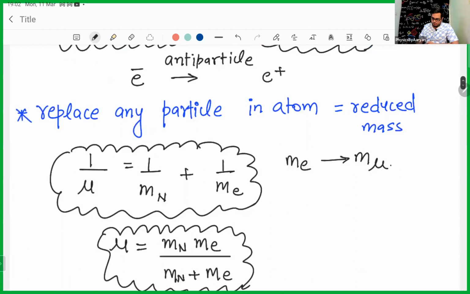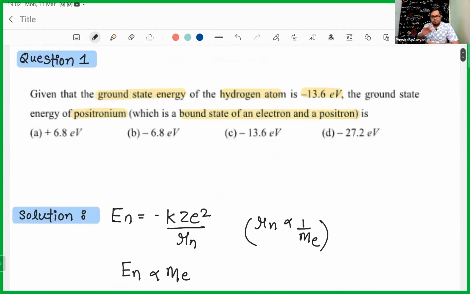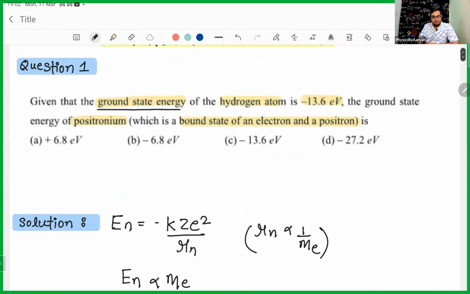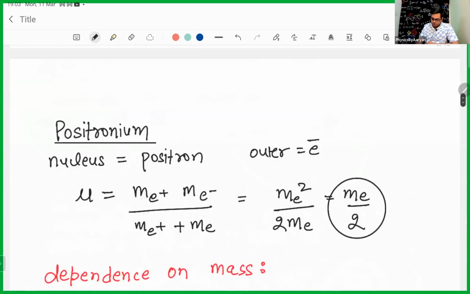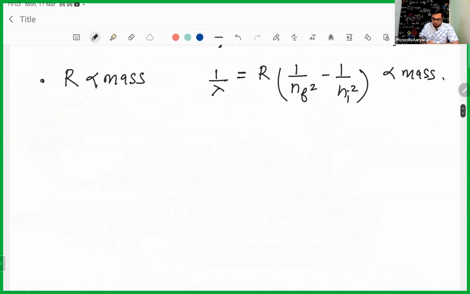Now let's come back to the problem. So I gave you the basic ground on which you need to solve this question. Now, given the ground state energy, they are saying that the ground state energy of the hydrogen atom is minus 13.6. Then what will be the ground state energy of positronium? Okay, fine, we can do this now. So what was the formula for the energy we wrote last time?